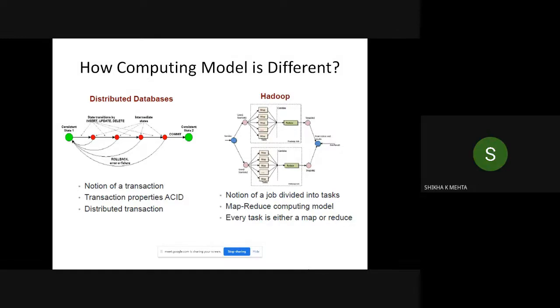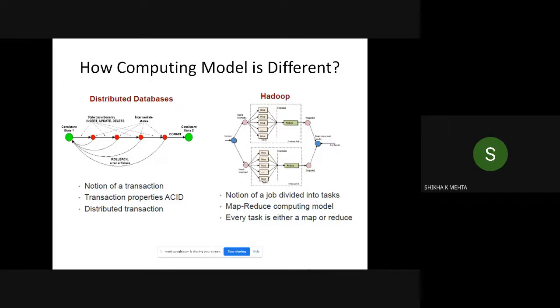Consistency? That the data is consistent all through when the transaction starts and when the transaction ends. Perfect. Isolation? Multiple users, multiple transactions must occur independent of each other. Yes, they should not interfere, right?